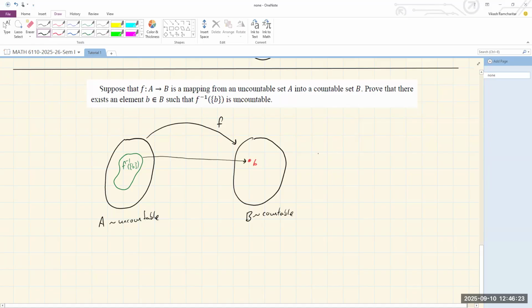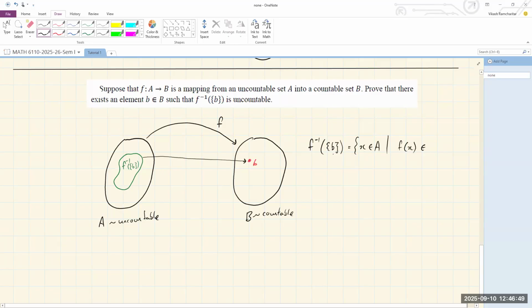I'll write it up here. The pre-image of b is the set of elements x belonging to the domain A such that when you apply f to that element, you end up in this set {b}.